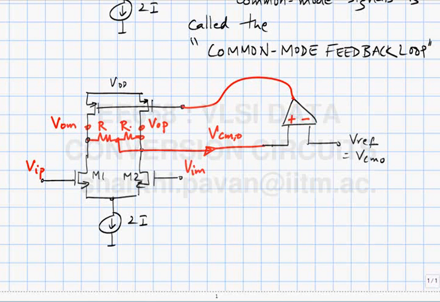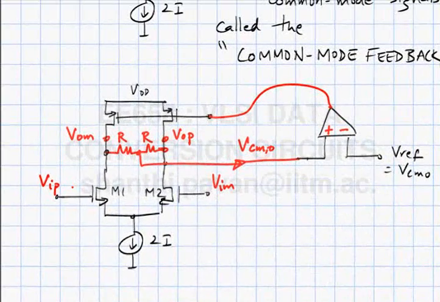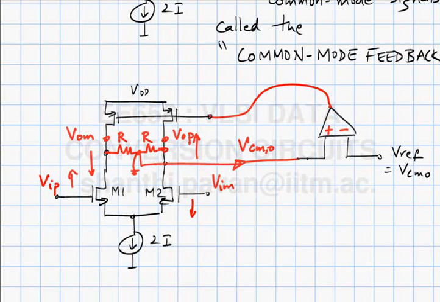So for differential signals, what happens? This goes up, this goes down. Similarly, this goes down and this goes up. So for differential signals, this doesn't change at all. The midpoint is like ground. If this is going up, this is going down, the middle node doesn't change. So what is the incremental gain?